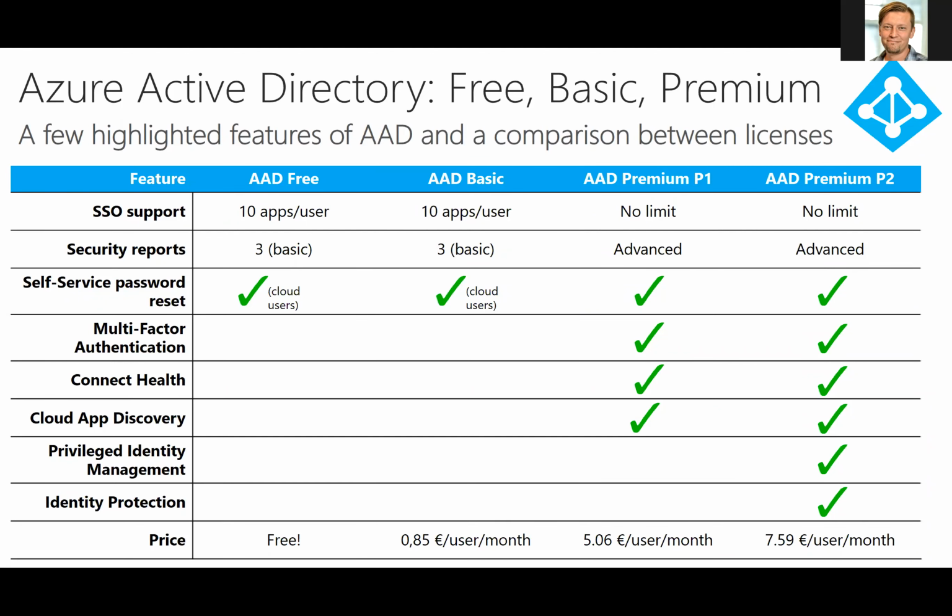AAD Basic gives you mostly the same capabilities with this subset of features. But then with AAD Premium P1 and P2, you actually start getting the benefits and the additional features. So for security reports, you get advanced reports, meaning you get a lot of email-based reporting that you can act upon. Then you get self-service password reset, so users can reset their on-premises password if they forget about it, or if they just need to change the password every 2 weeks or every 2 months.